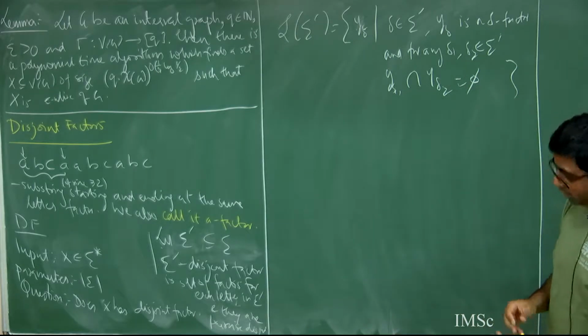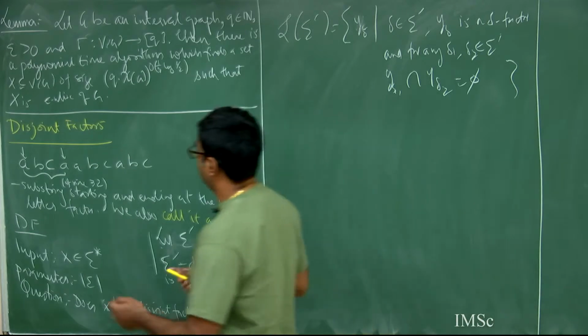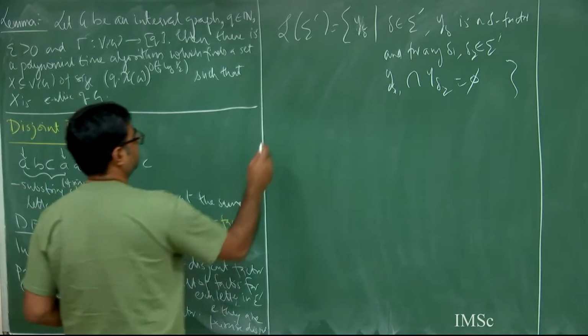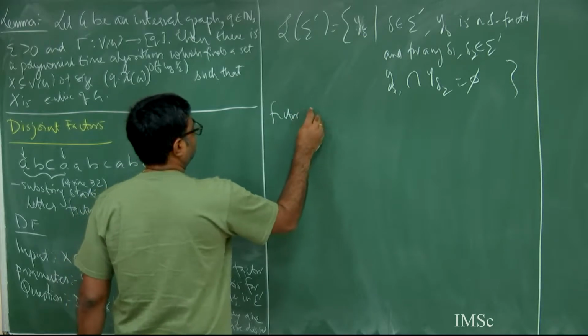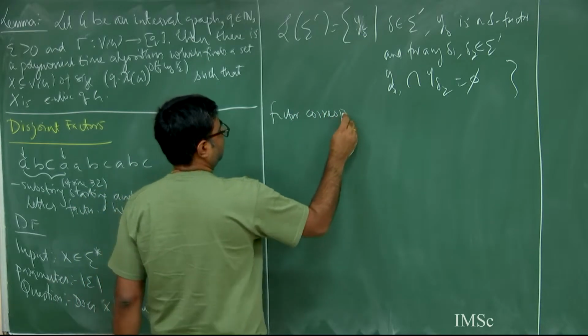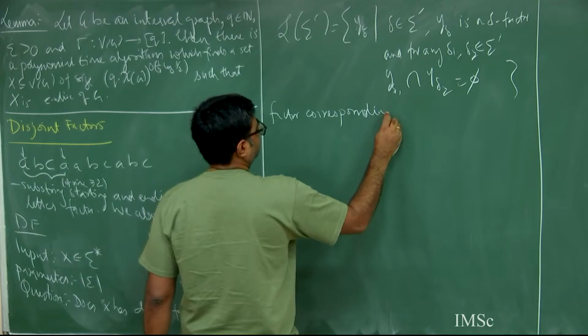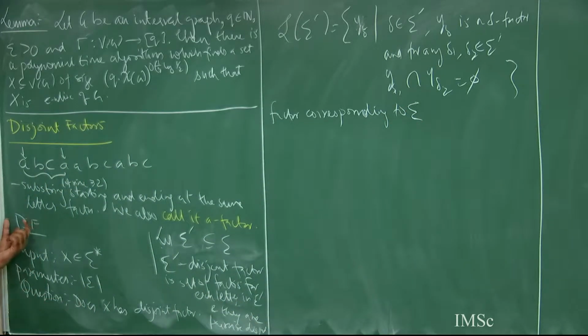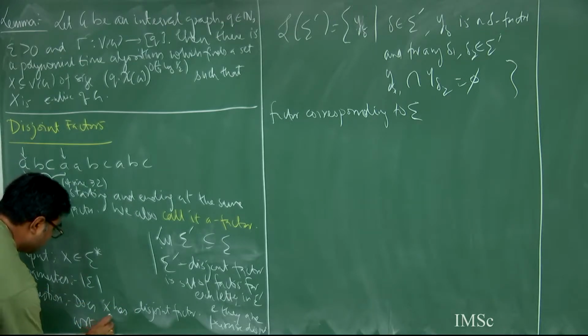Okay. So for example, what are the factors here? Suppose here we have 3 letters. What they meant in disjoint factors is: does x have a disjoint factor with respect to sigma?